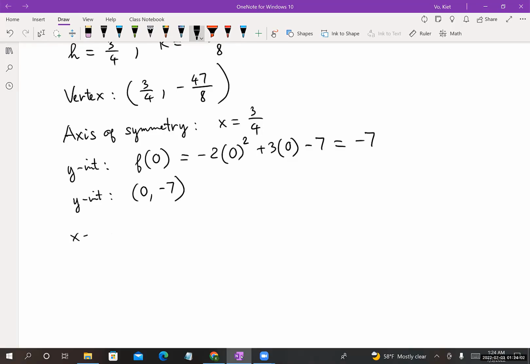Now to get the x-intercept, we're going to set the function equal to 0. So we have negative 2 times x squared plus 3x minus 7 equal to 0. Okay, so first, you might want to check if this is factorable. So if I take negative 2 times negative 7 is positive 14, and then this is 3.